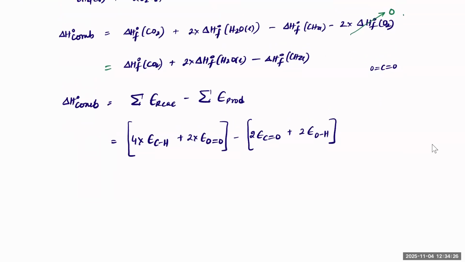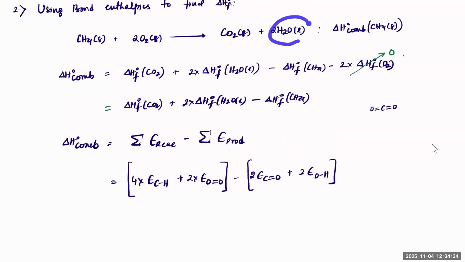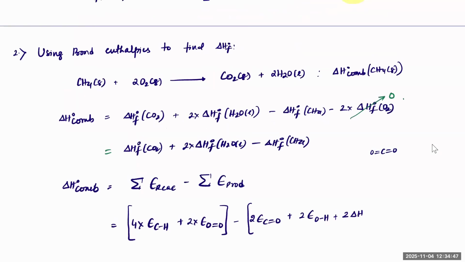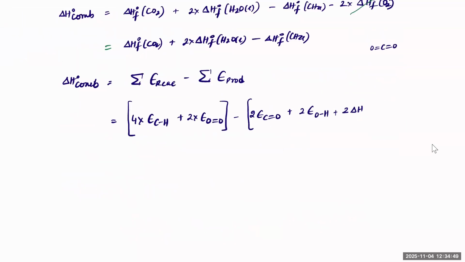But this is not correct, because bond dissociation can only be written when the species are in the gaseous state. Is this in the gaseous state? No. So I will also have to add one more factor. To convert that into gas, I will add 2 times delta H naught of vaporization of H2O liquid, since liquid to gas is vaporization.